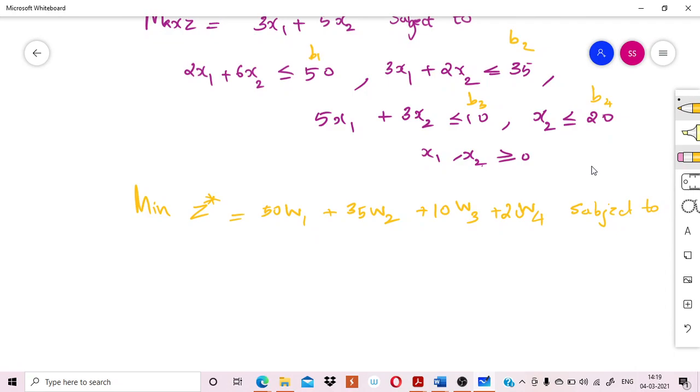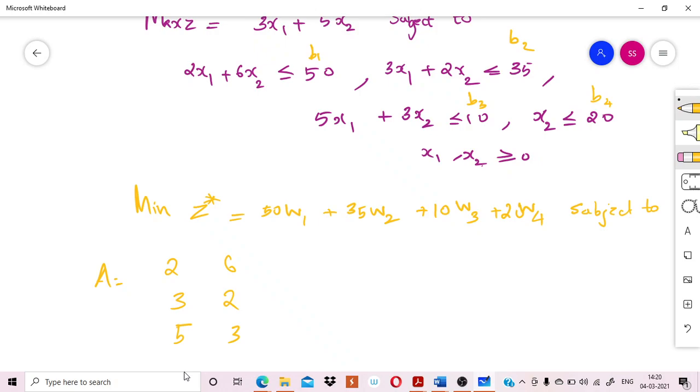That means we have the matrix A equal to 2, 6, then 3, 2, right? Then we have 5 as the x1 coefficient, next to the coefficient 3.